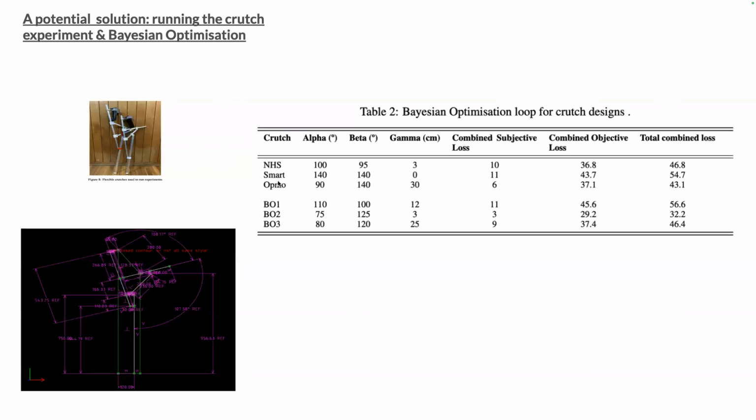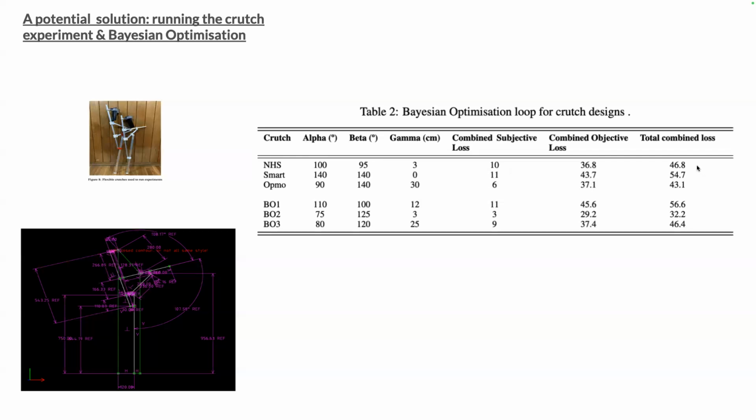Now, Opmo is the name of the project run by the engineering design team at Cambridge, and their crutch was the best that they had come up with before I entered the team and the project.